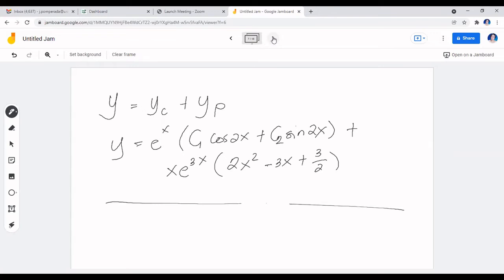The only difference is in transforming the original given DE into a form where you already use the formula for exponential shift. Any question here?